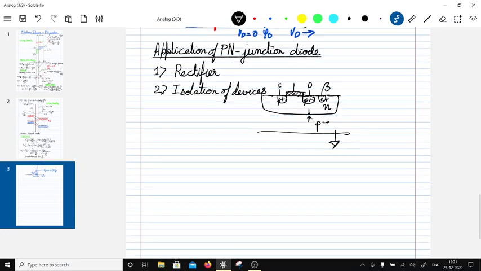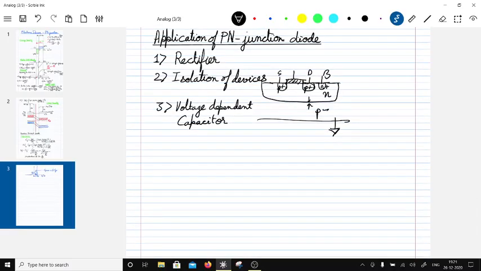Next, it is used as a voltage dependent capacitor, and a voltage dependent capacitor is basically used in your VCOs and all that.